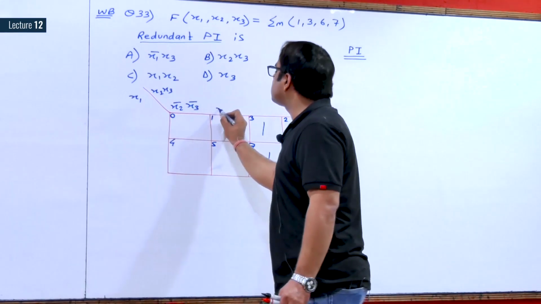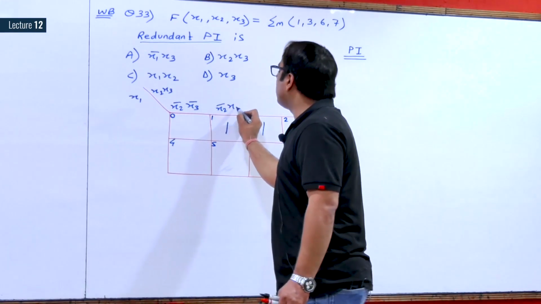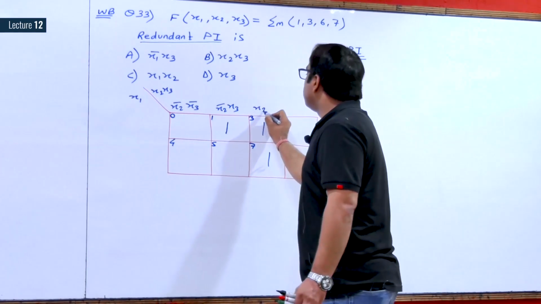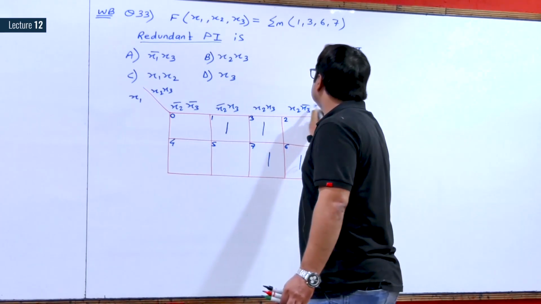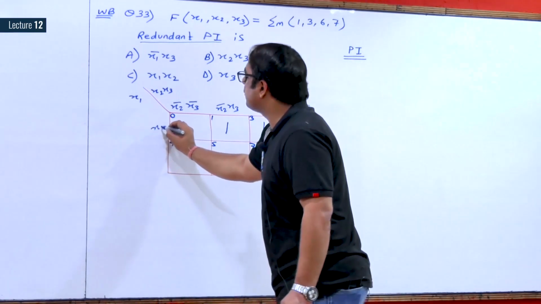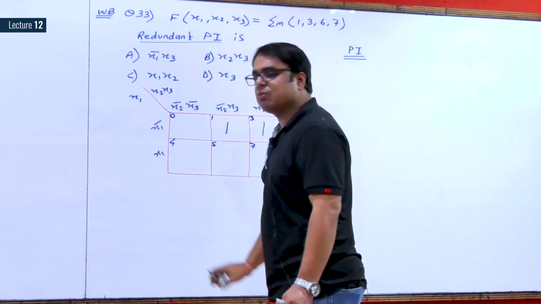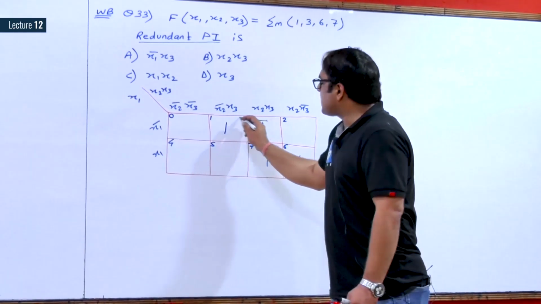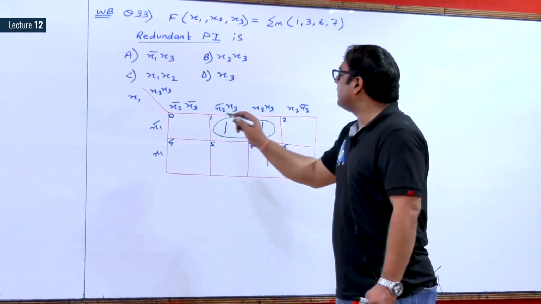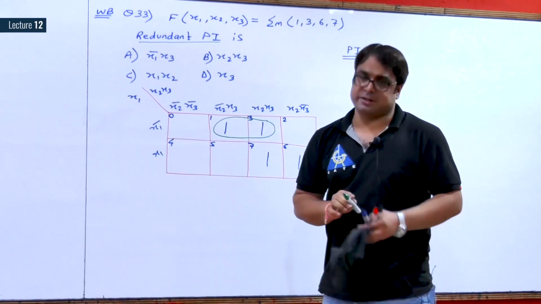x2 complement, x3 complement, x2 complement, x3, x2, x3, x2, x3 complement, x1 complement, x1. See, this is the best possible group because this pair is not a part of any quad.